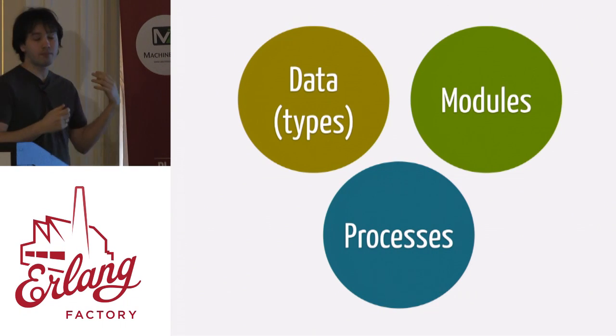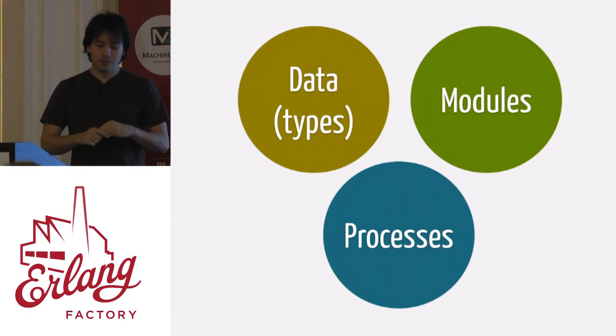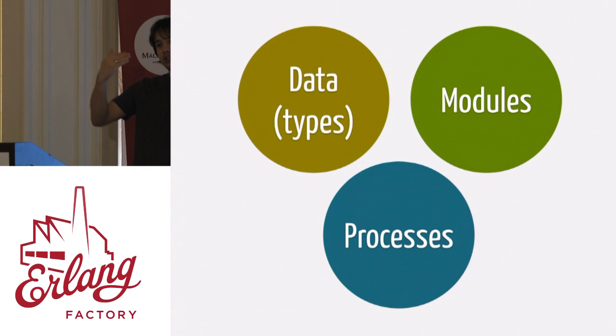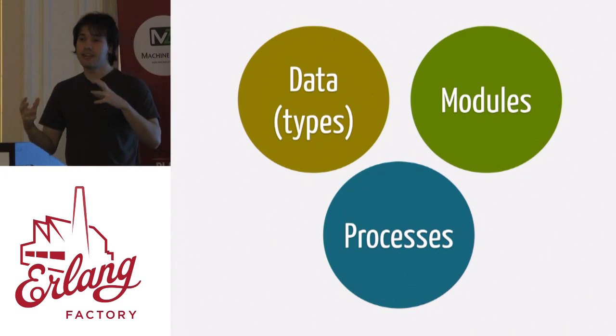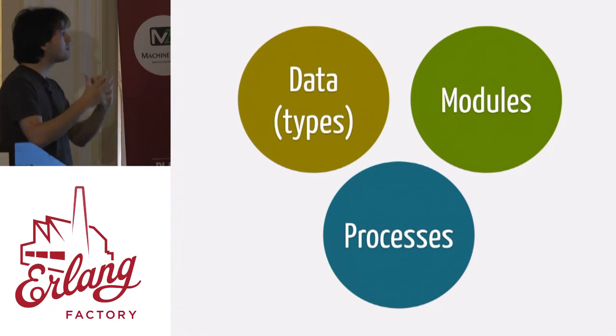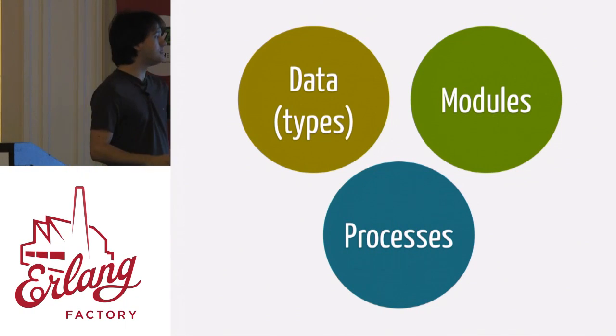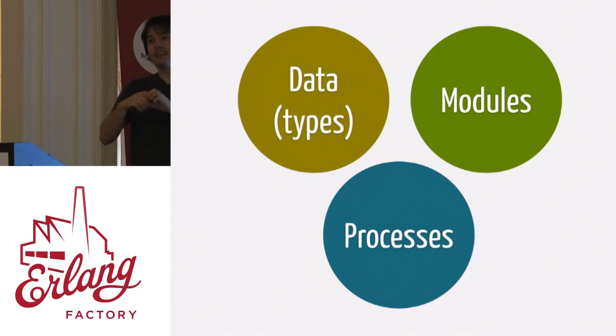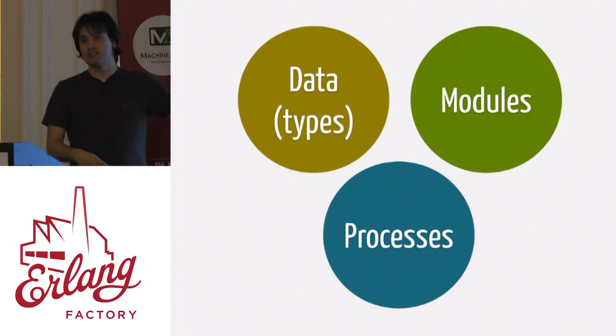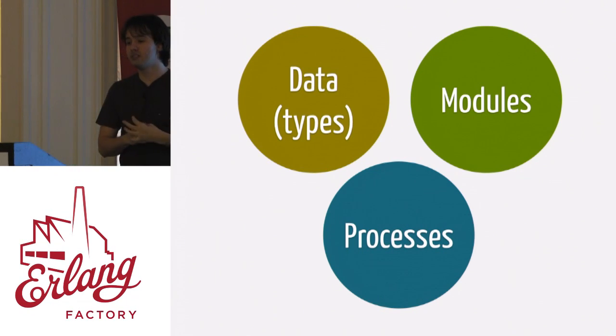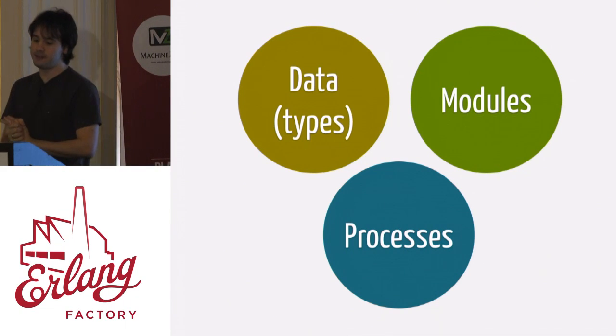And we also have processes, okay? The processes are the entities that are actually running our code, and everything is interconnected, right? Because the modules are working with the data types, and the processes are running code that is defined inside those modules. And most of the data types belong exclusively to a single process. Okay, so everything is interconnected.